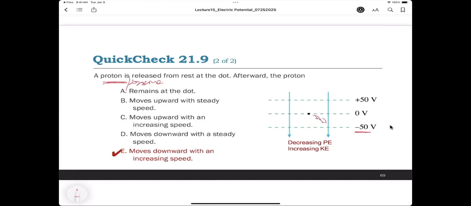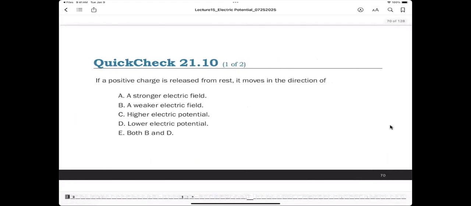From this one to this one, the kinetic energy increases and the electric potential energy decreases, which means it will increase in speed. It will move downward. Does it make sense to you? Okay.